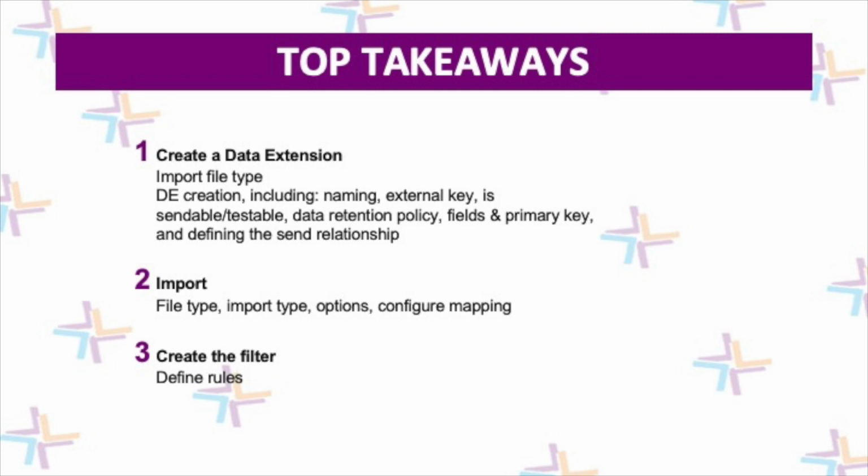We then learned about the import. We talked about the file type supported, import types, and the additional options we have at the time of import. Also about mapping the data extension fields against those on the import file. Finally, we created a filter of a data extension and learned how to define those rules.